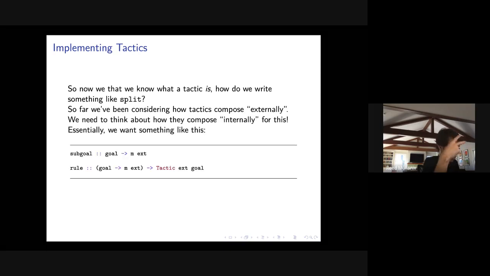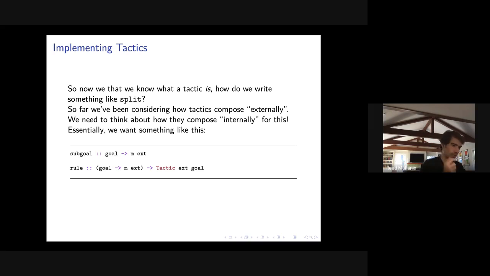Essentially, we want two functions, right? The first one, subgoal, says, you give me some goal that you want to produce, and then I'll do whatever, and once I'm done, I'll give you the solution to it. And then we want the second one, which takes in a goal and produces a solution and turns that into a tactic.